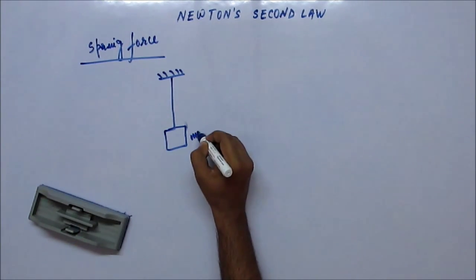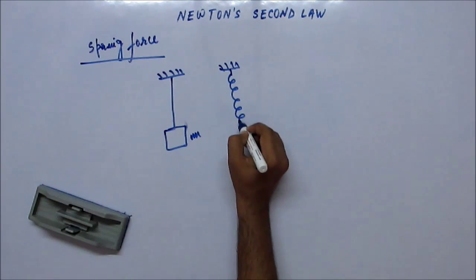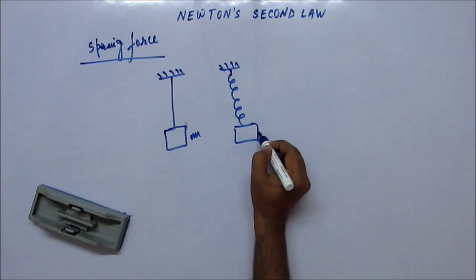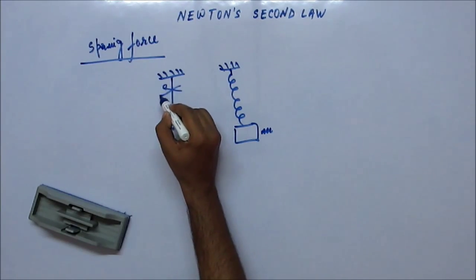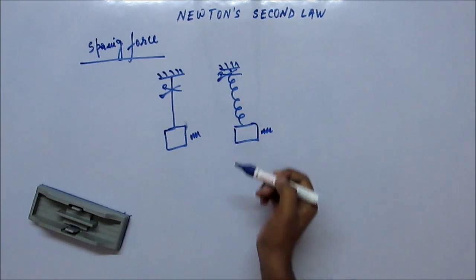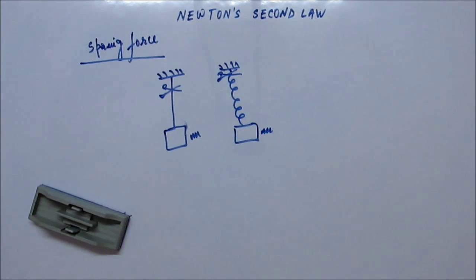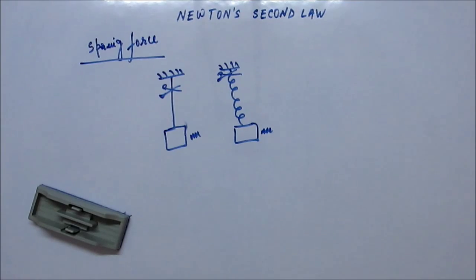Suppose this is of mass m, and another block of the same mass is hung by a spring. Now the question asked is this: if we cut the string and the spring, then at that very moment, what will be the acceleration of this mass and this mass?